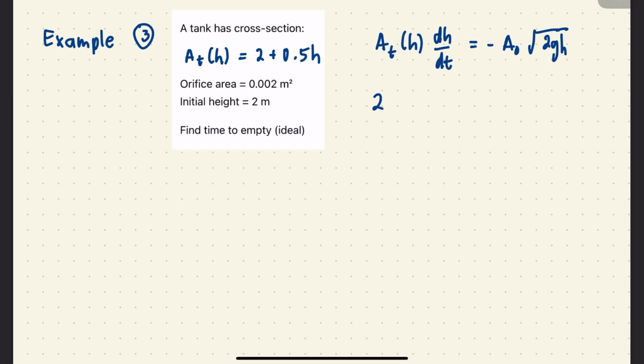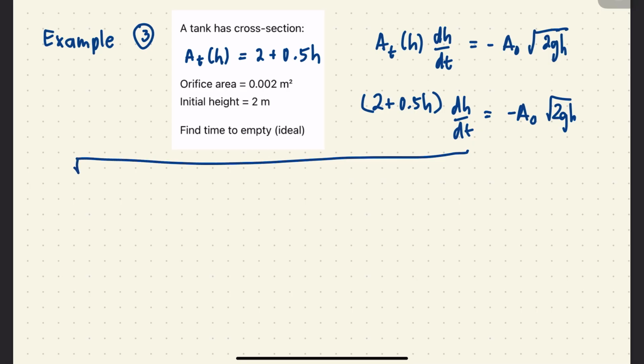So this will just be 2 plus 0.5h times dh over dt is equal to negative A sub o square root of 2gh. We separate the variables. So this becomes 2 plus 0.5h all over square root of h dh is equal to negative A sub o square root of 2g dt.